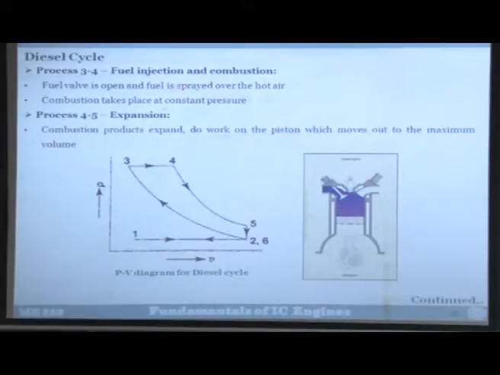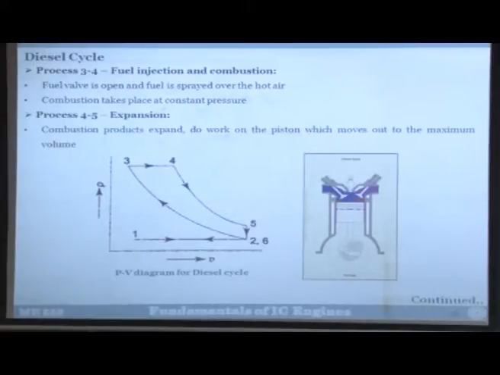And then 3-4 is the fuel injection and combustion. The fuel injector is opened, fuel is sprayed over the hot air because the pressure and temperature of the air are high because of isentropic compression. Once you inject, the combustion takes place at constant pressure and heat is released, and once the heat release is over, the piston expands.